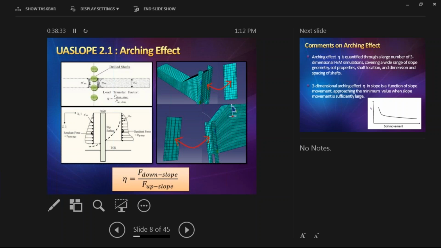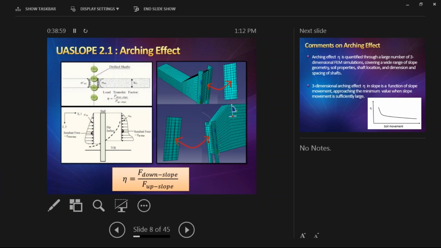The finite element simulation uses the strength reduction method to reduce the soil strength until the slope becomes incipient for sliding. Basically, it's at a stage of large abrupt movement where we define the failure curve. At that moment, we can then calculate the stresses. You can see the upper left diagram, which is the plan view of the drill shaft spacing.